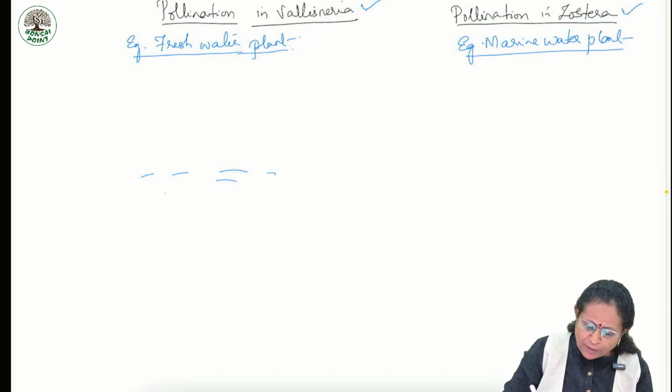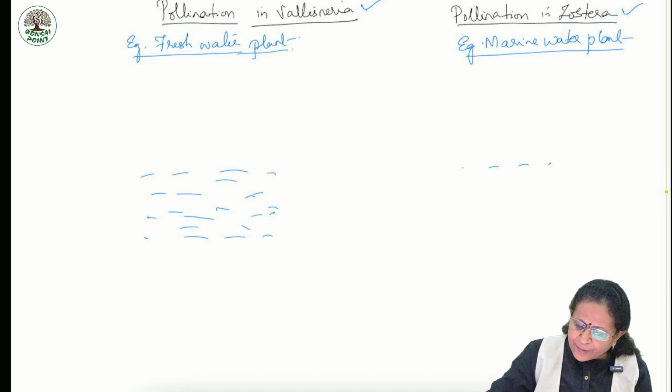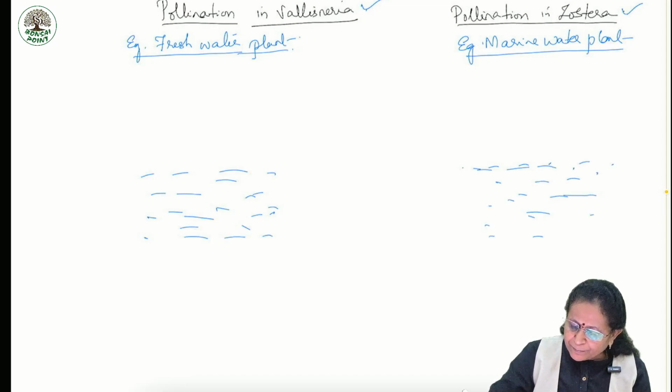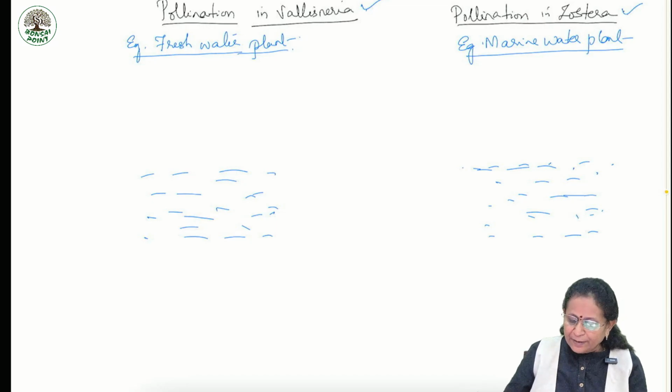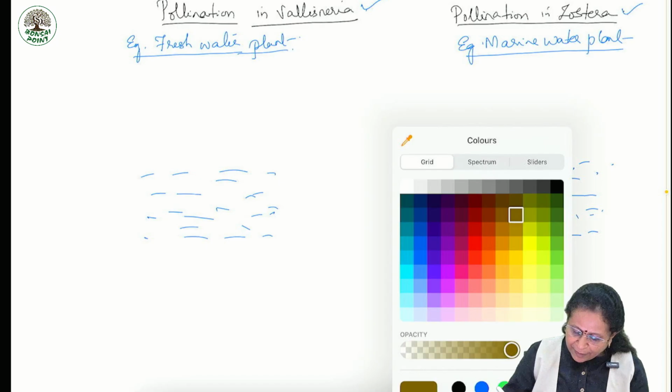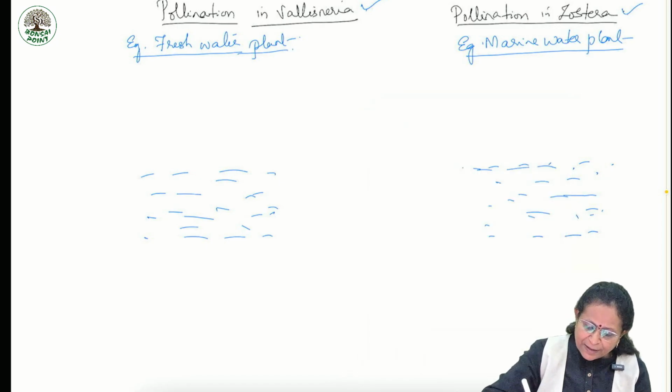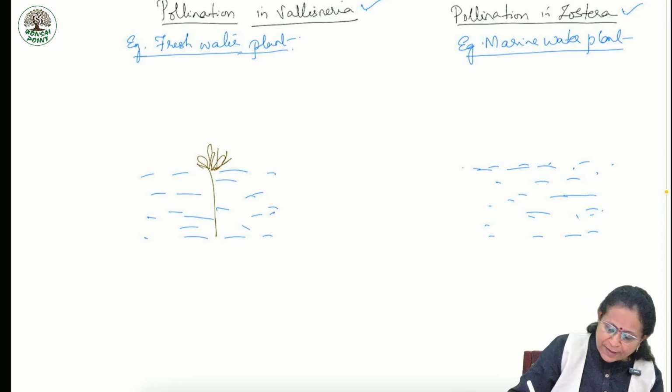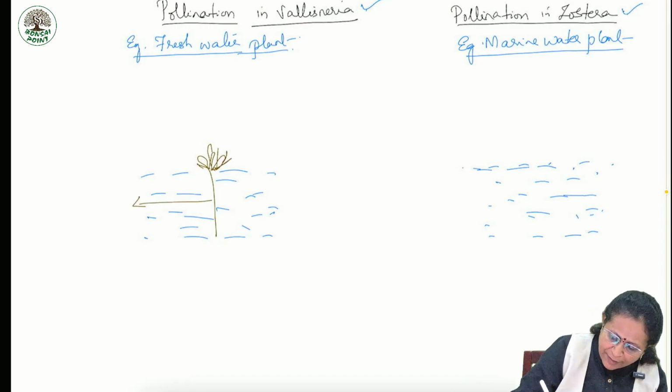If this is the water surface, the stalk of the Vallisneria is very long, thereby the flowers float on the surface of water. What's the reason? The stalk is very long.